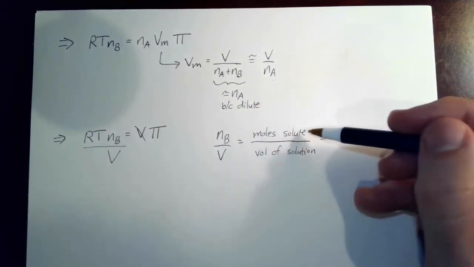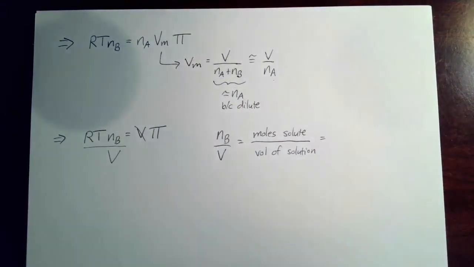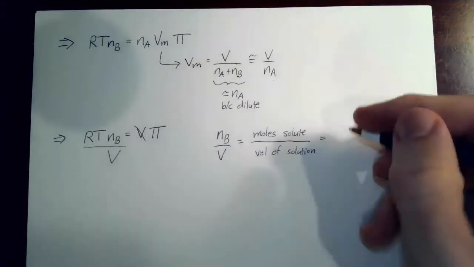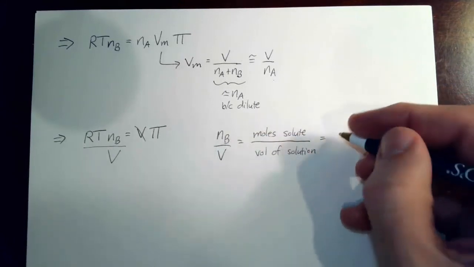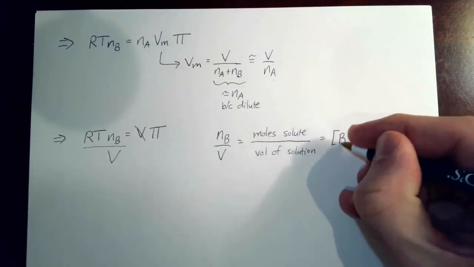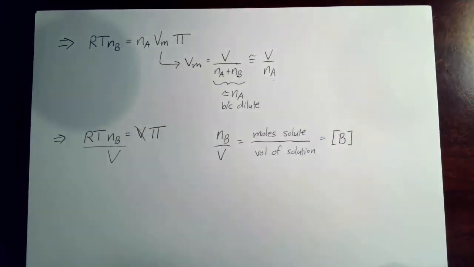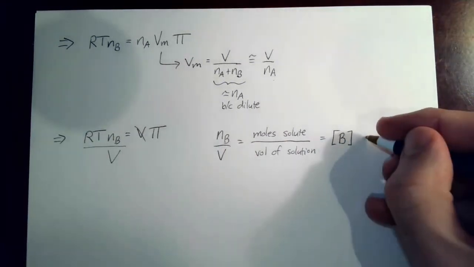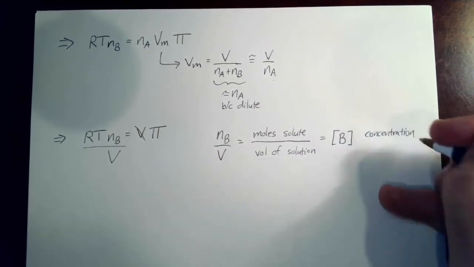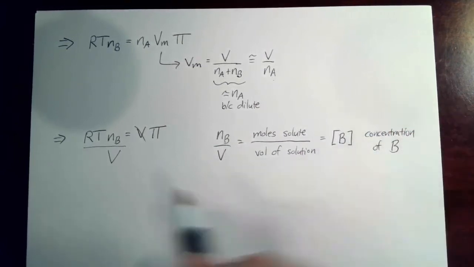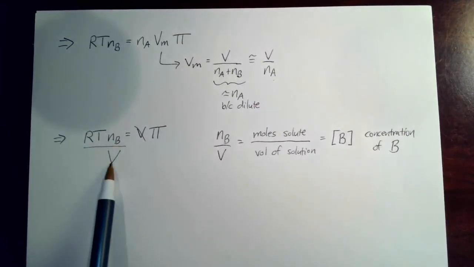This moles of solute per volume of solution is called the concentration. Okay, so in fact, in particular, this is the concentration of substance B, our solute, our only solute in this case. So this is the concentration of B here, Nb over V.